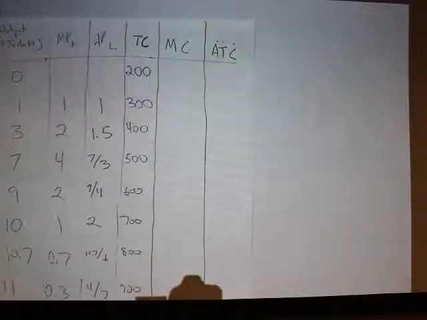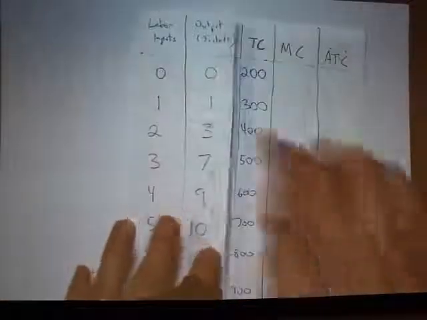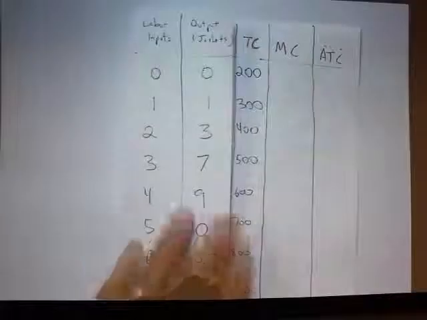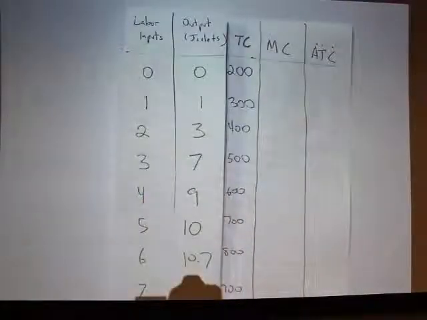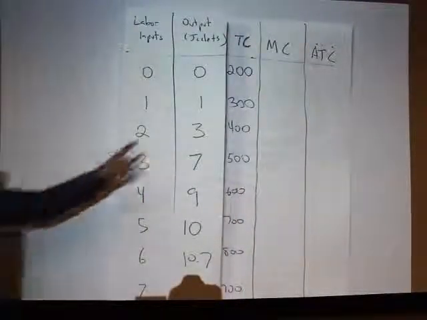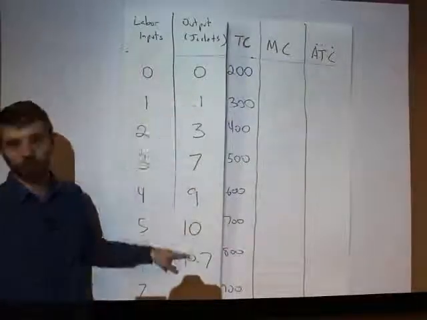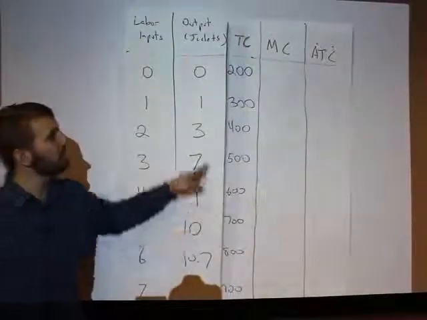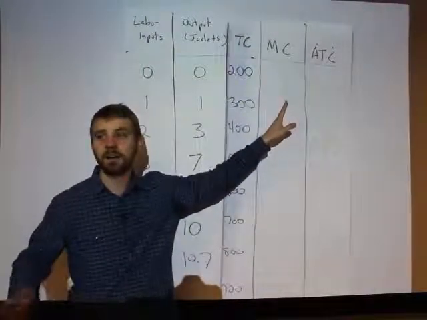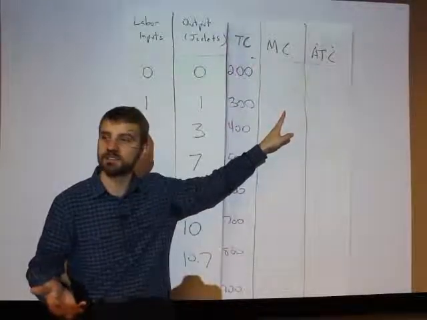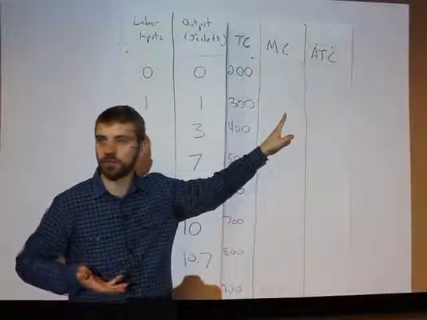To do that, I want to fold this like so. The reason that I'm folding this is because we've already calculated total cost for all units of output. And so when we calculate marginal cost, we don't need to know how many workers were hired or anything else.